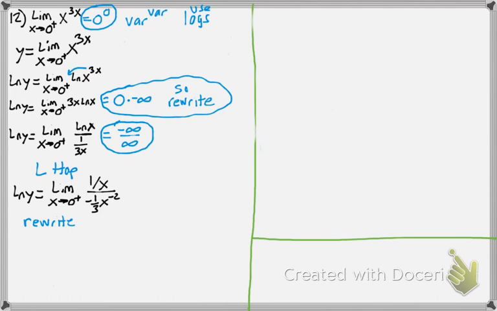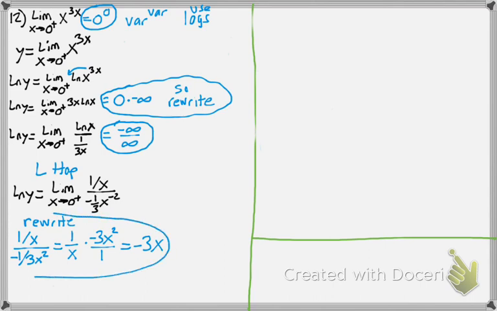So 1 over x over negative 1 over 3x to the positive 2. This is equal to 1 over x times, I can take the reciprocal, negative 3x squared over 1, and then one of those x's will cancel out, and I'm left with negative 3x. So this is a rewriting step here.